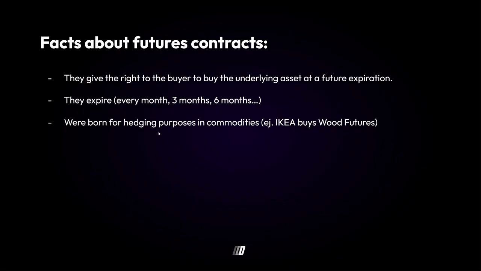And they were born for hedging purposes in commodities. That's why we have the Commodity Futures Trading Commission, which is the CFTC, which also releases the COT report, the very famous COT report, which, by the way, is based off trading activity of futures contracts, okay? And as I said, futures contracts were born for hedging purposes in commodities a long time ago, okay? Like imagine IKEA, right?